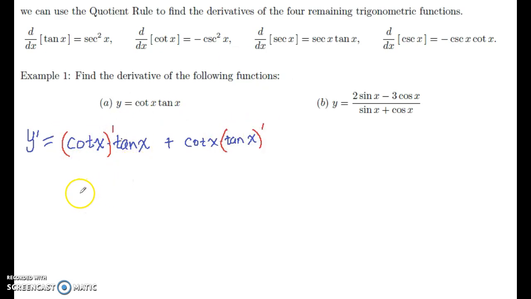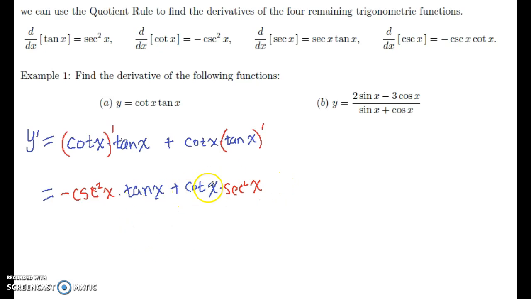The derivative of cotangent of x is negative cosecant squared of x, and the derivative of tangent of x according to the formula is secant squared of x. Then we copy down everything, so times tangent of x plus cotangent of x times secant squared of x.